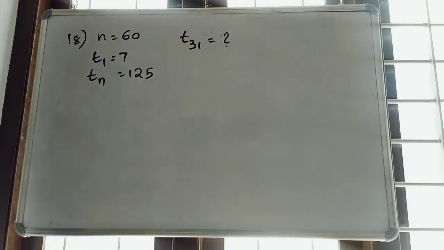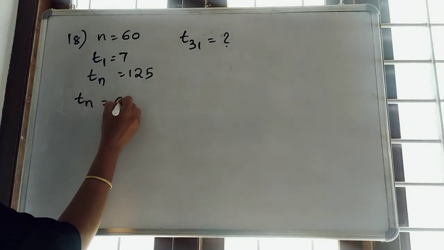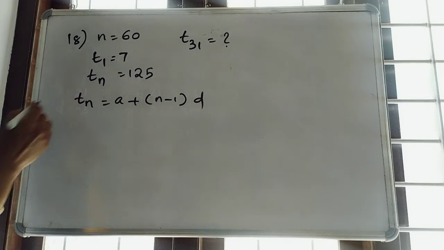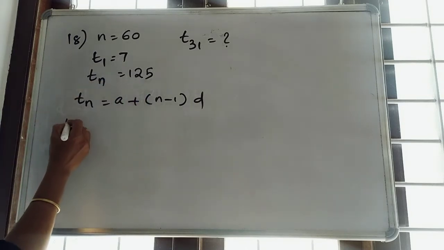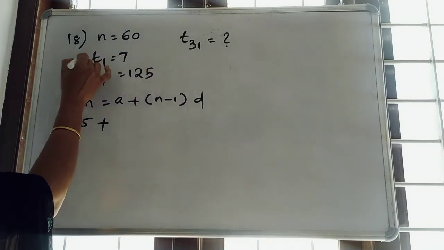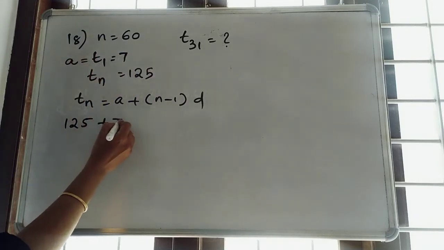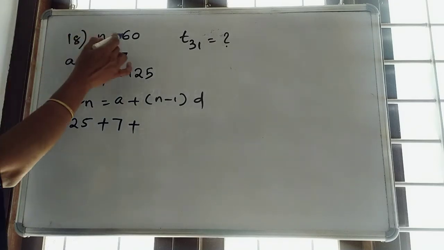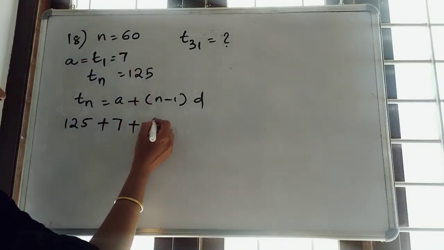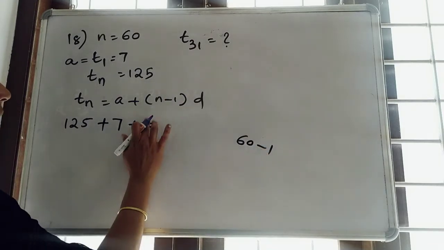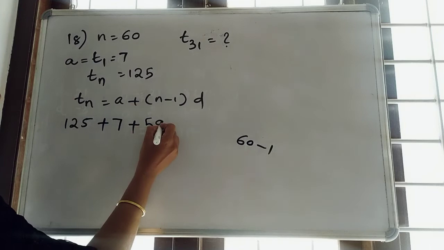So we have the formula: Tn is equal to a plus n minus 1 into d. Substitute Tn as 125. T1 is 7, that means a, the first term, we can replace as 7. Then how many terms are there? 60 terms, so n minus 1 will be 60 minus 1, which is 59.